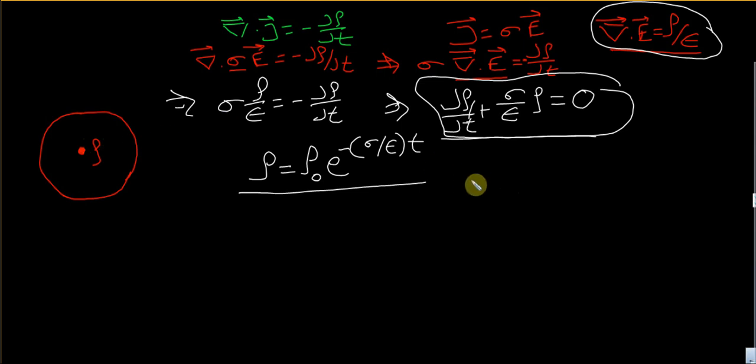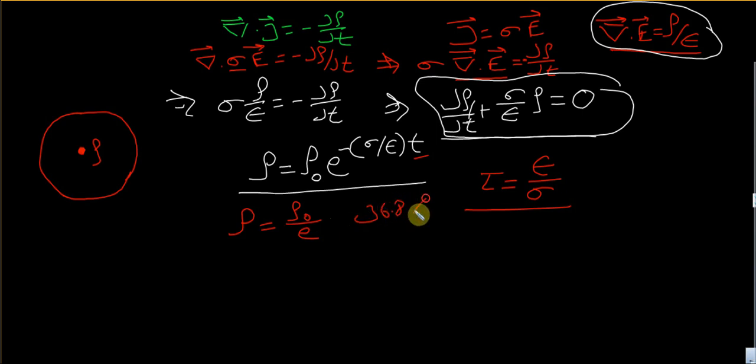For a particular time, let us say the time is epsilon by sigma, you put the value here, that will be e raised to the power minus 1.